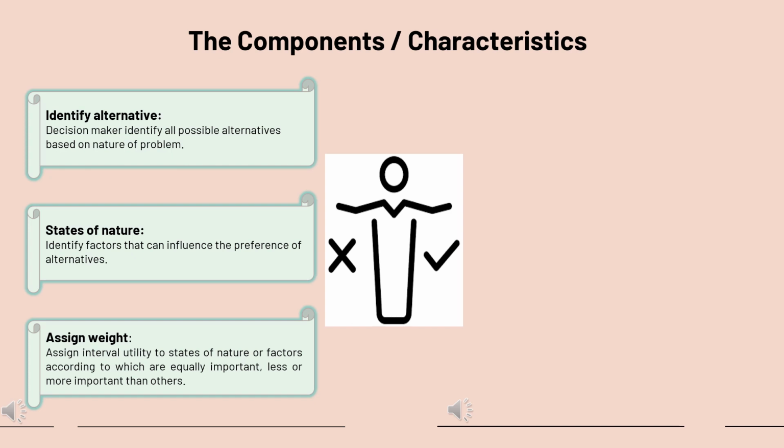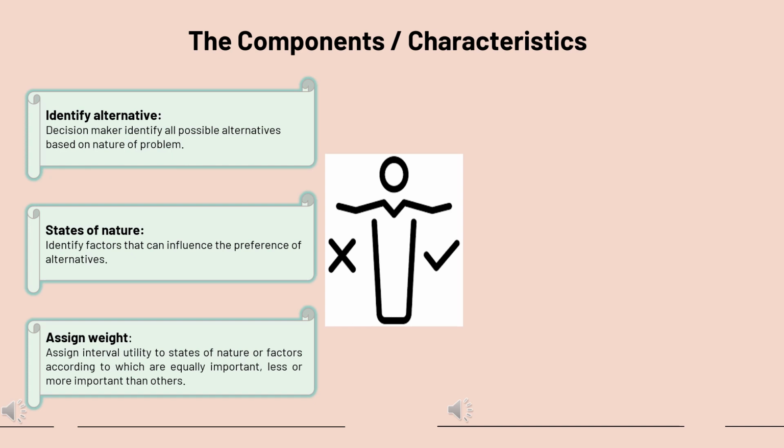There are several steps in the weighted decision matrix, such as the first one is identify alternatives. The decision maker identifies all possible alternatives based on the nature of the problem. The second one, state of nature. Identify factors that can influence the preference of alternatives. The third one is assign weight.